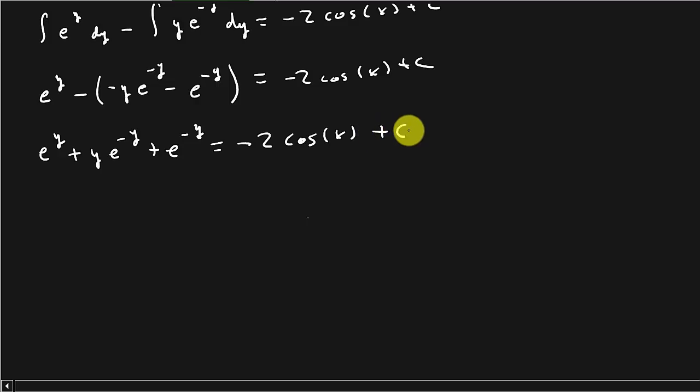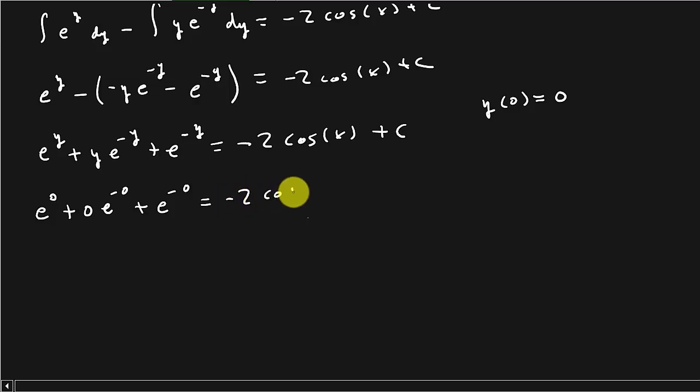All right, and so remember, we have our condition, y of 0 is equal to 0. So e to the 0 plus 0 e to the negative 0 plus e to the negative 0 equals negative 2 cosine 0 plus c. So this is going to go to 0. That's 1. That's 1. So I get 2 equals negative 2. Cosine 0 is 1 plus c.